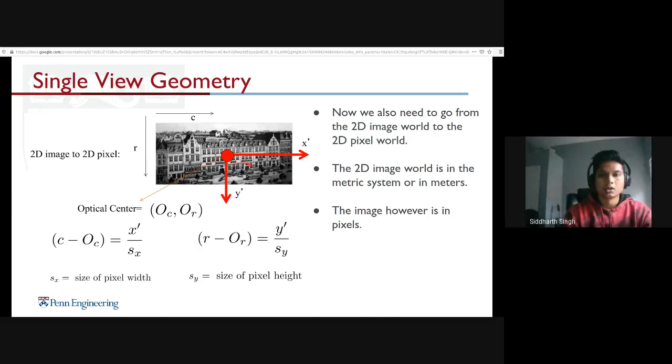So the image center is always the optical center? The optical center is the center of the camera lens. The image center may or may not be that. I will not say it's definitively that, because it depends a lot on the height and width of the image also.